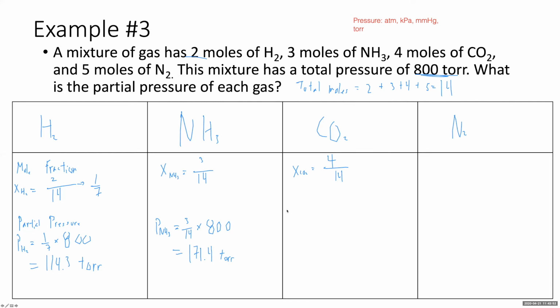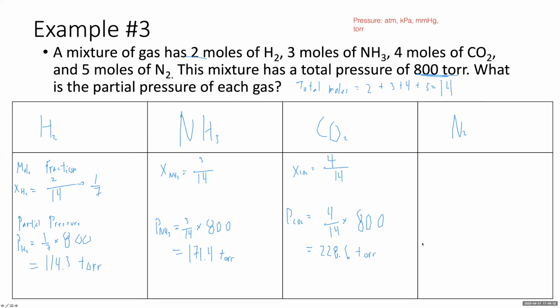The partial pressure of CO2 is going to equal 4/14 multiplied by 800. You type in your calculator 4/14 times 800, and you get 228.6 torr.